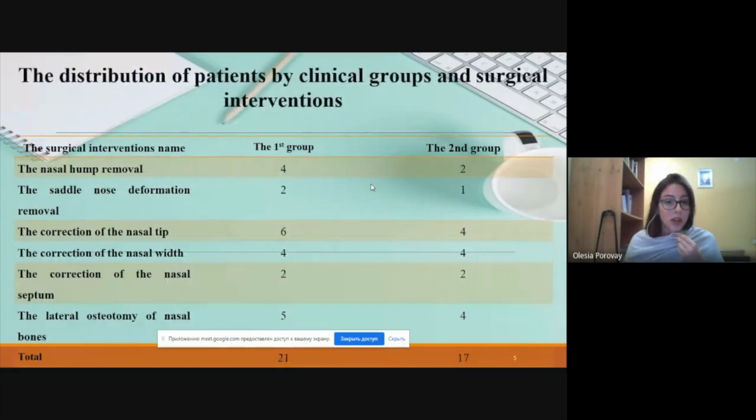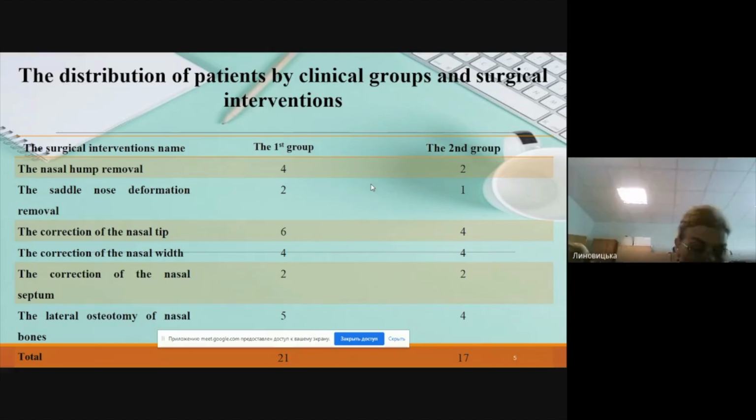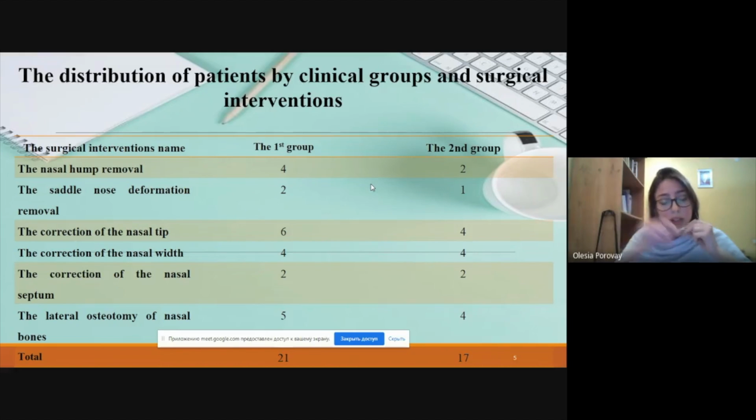The subjects of our research are 38 patients who underwent aesthetic rhinoplasty from November 2018 until January 2020. The average age of these patients was 35 years old. The patients can be divided into clinical groups.